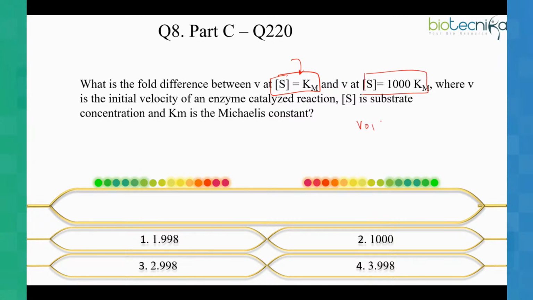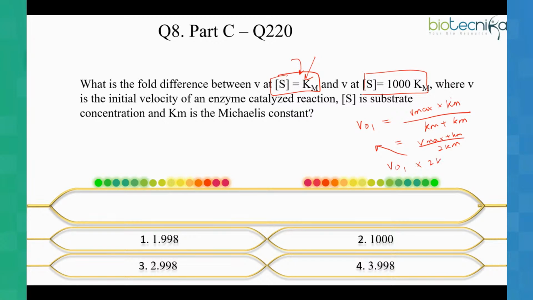So let's say V01 is equal to Vmax into S divided by Km plus S. Here instead of S you will write Km. So your V01 will be Vmax times Km divided by 2 Km.